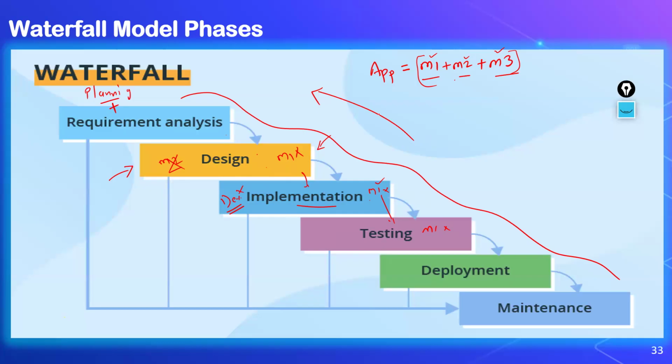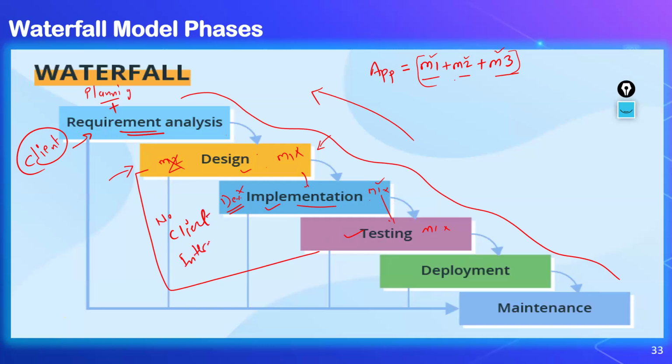And we know that we are introducing the client here, right? In the requirement analysis. That's where you interact with the client. But during these three phases, design, development, testing, there is no client interaction.